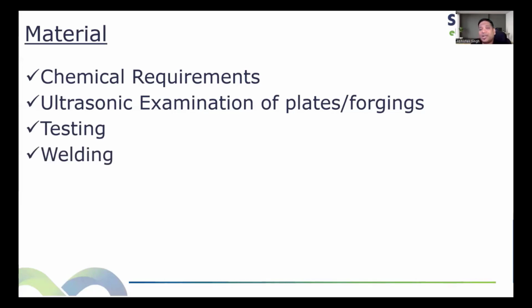Similarly, for testing and welding, there are lots of additional tests required in terms of material when you are purchasing it from the mill. Welding-wise, lots of additional qualifications are needed. So if you talk about material, including welding, Division 2 will definitely have more cost.